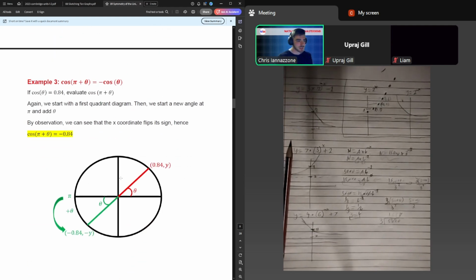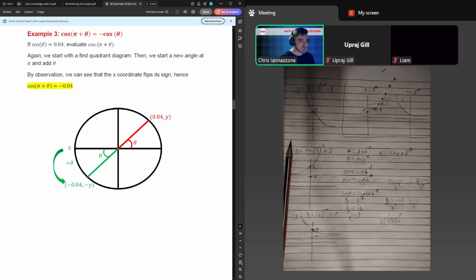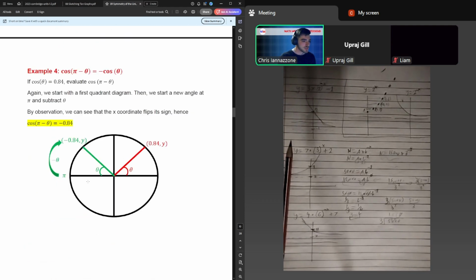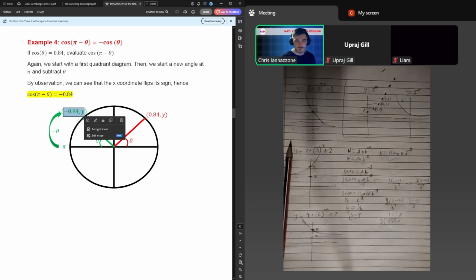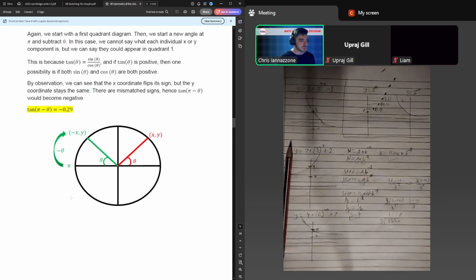Same thing for cos and tan, right? Plus theta and minus theta put you in the exact same quadrants as always, but you just read the x values instead for cos, or you read the division of the two for tan. So for cos, 0.84, pi plus theta puts it there, negative. Pi minus theta puts it there, also negative, because it's on the left-hand side.